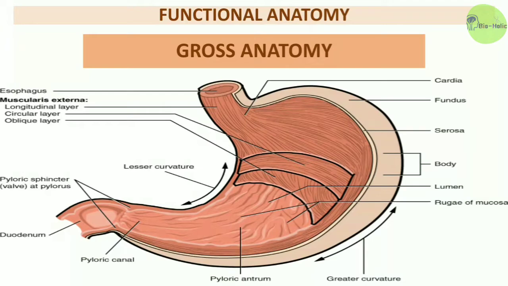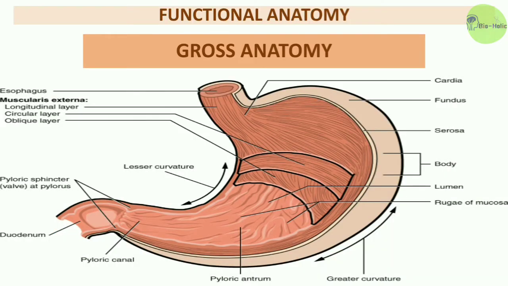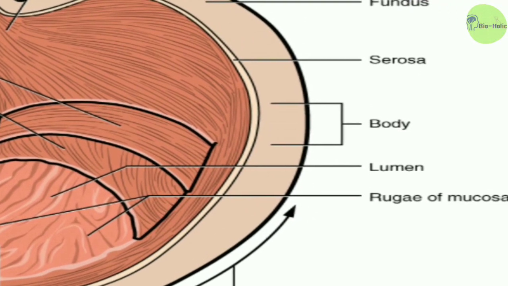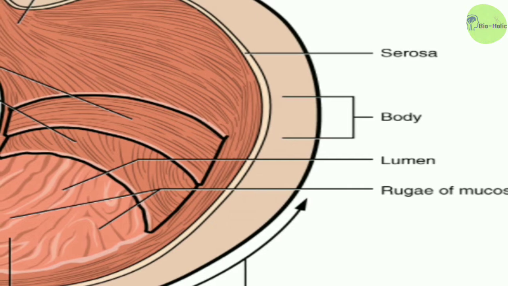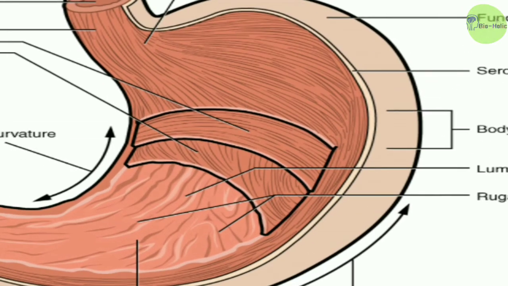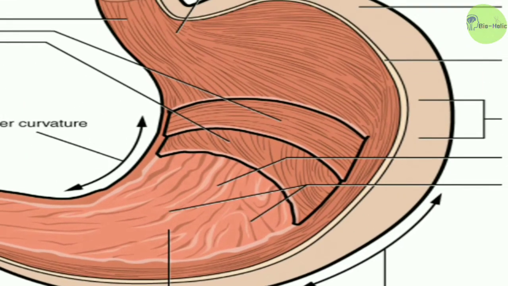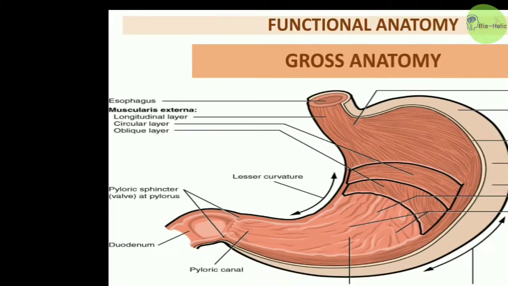I will discuss it later. There are finger-like projections in the mucosa of stomach, which are called rugae. And there are mainly 2 parts: number 1 is the greater curvature area and number 2 is the lesser curvature area.